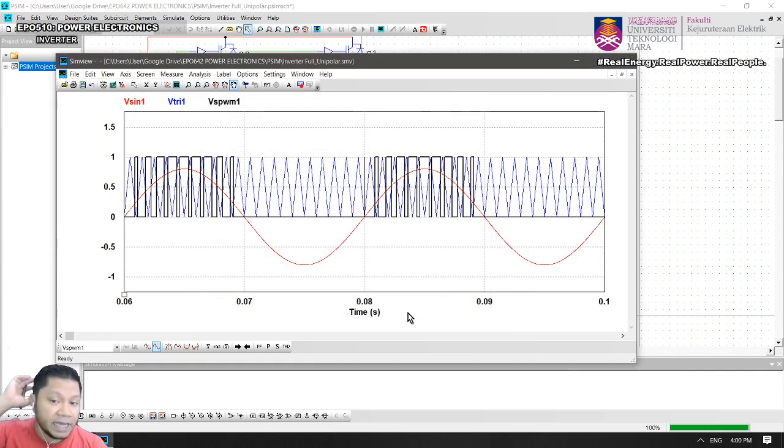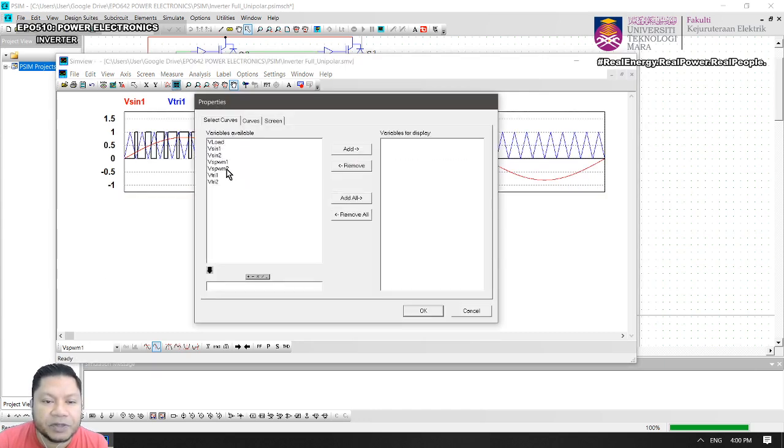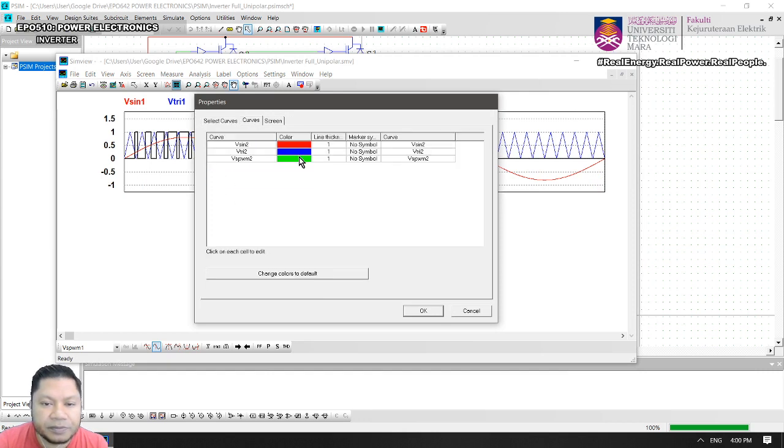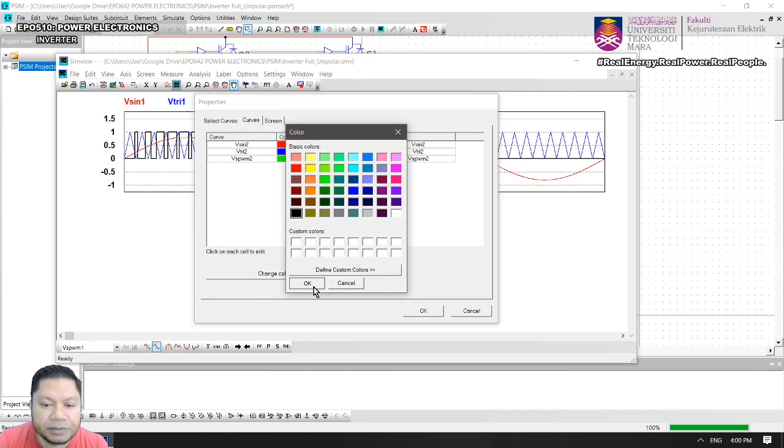That will be my SPWM1. During the negative half cycle, it will turn off because the modulating signal is always lower than the carrier signal. And what happens to the other comparator? You can just check it by line 2. Try to change it to black.